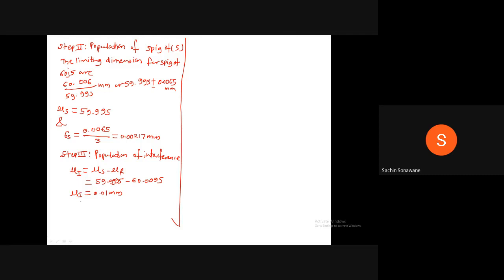And the standard deviation sigma I is equal to square root of sigma r square plus sigma s square, which is equal to square root of (0.00317) square plus (0.00217) square.